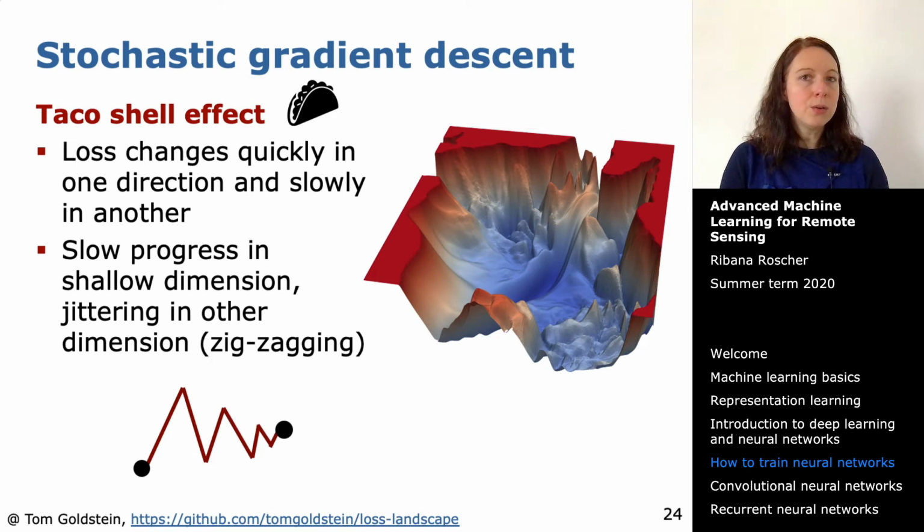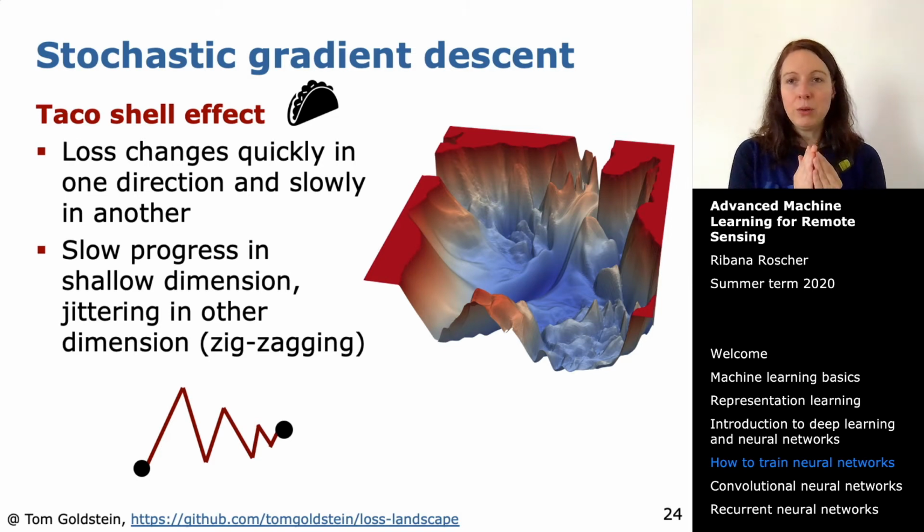So far, I told you only that the loss landscape is a very complex, non-convex landscape. But what I didn't tell you so far is which structures you actually have in this loss landscape. And one is these valleys which look like a taco shell.